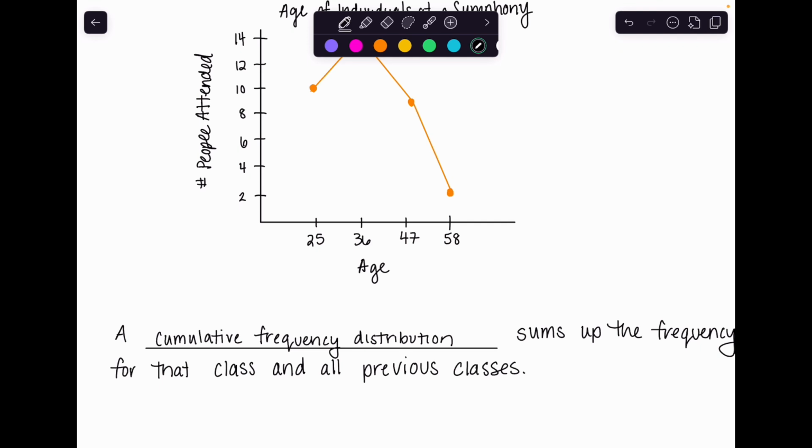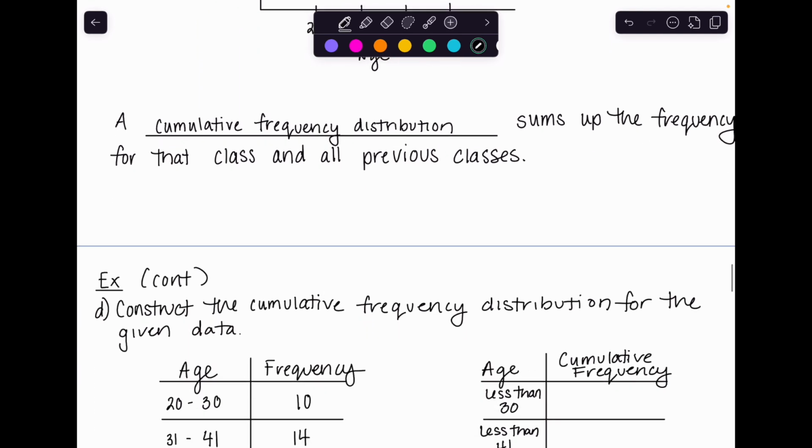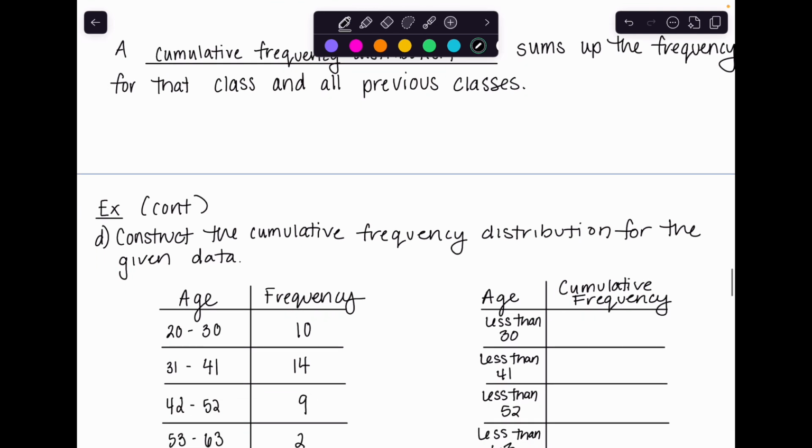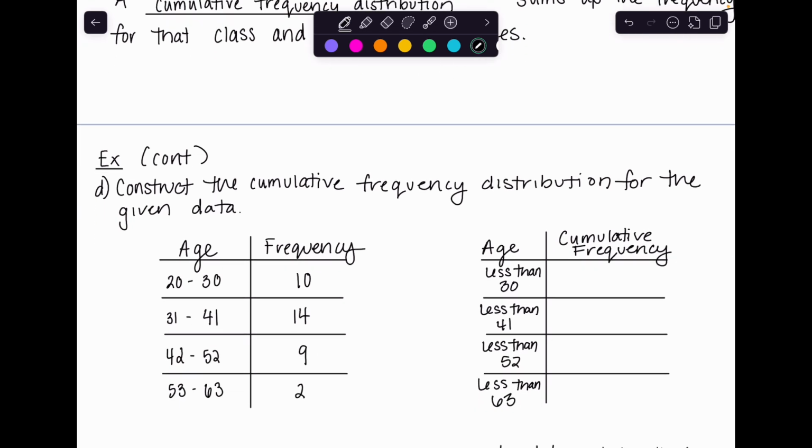Your cumulative grade is what you have at the end of the semester once you have more information. It sums up all of the classes before that. So we're going to do this with an example using that same distribution, the same ages at the symphony. We're going to create that cumulative frequency distribution.